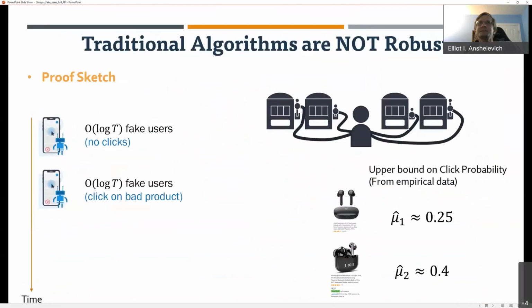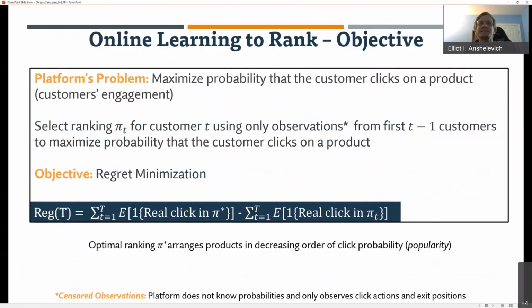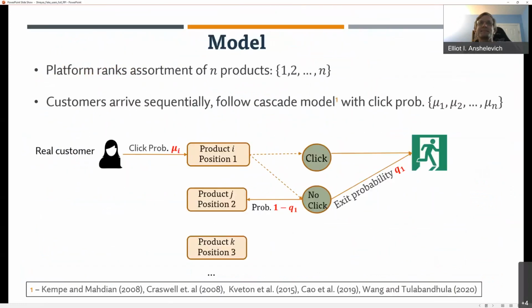I know this is pretty standard, but my question is how reasonable is this assumption? Because I can imagine somebody coming in, and if they see a really good product and then lots of terrible products, they'll probably click on the good product. Whereas if they see several pretty good ones, they won't.